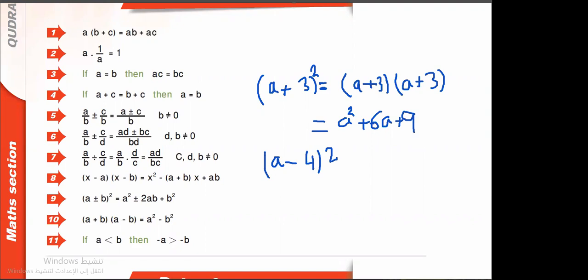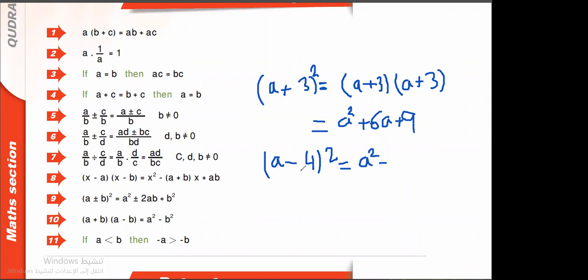Okay, solve please. Yes, it is A square.